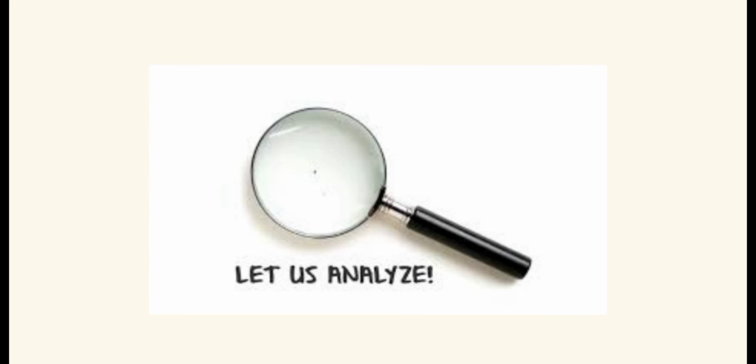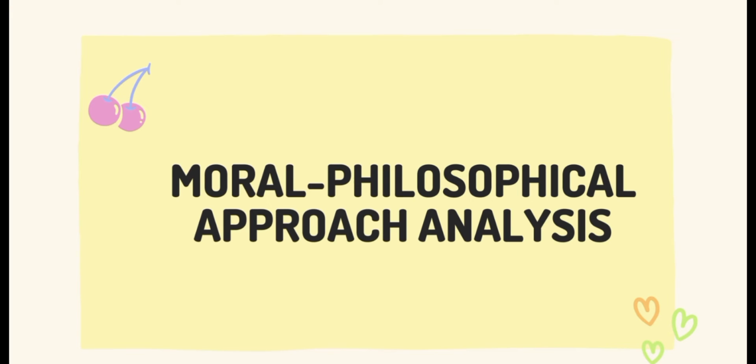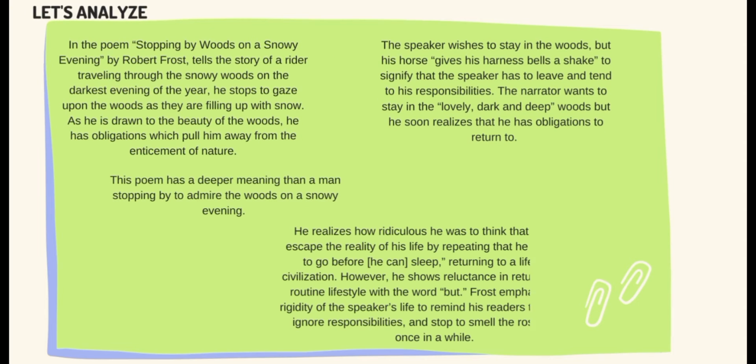So let's analyze the poem. As I read the poem, I have discovered that this is a moral philosophical approach. So we will be examining this poem by the moral philosophical approach analysis. The poem "Stopping by Woods on a Snowy Evening" by Robert Frost tells the story of a rider traveling through the snowy woods on the darkest evening of the year.